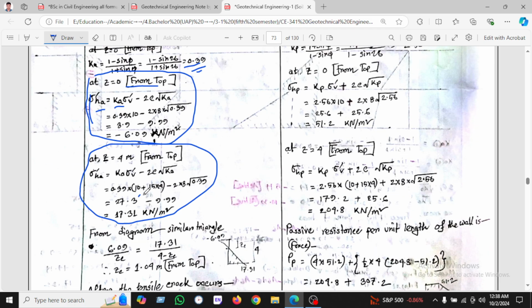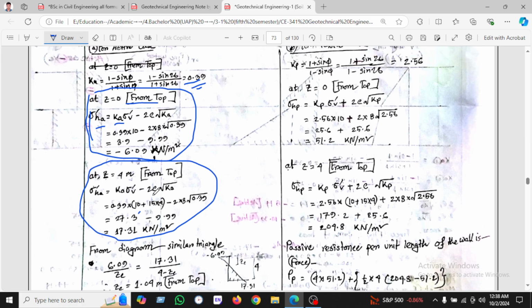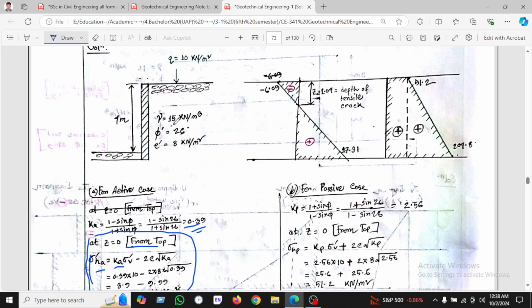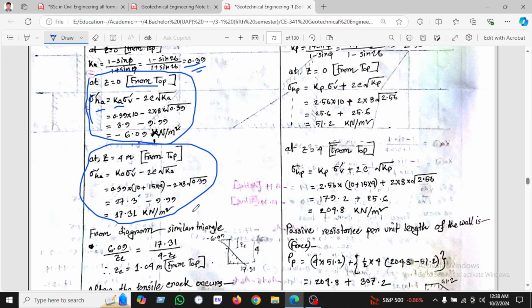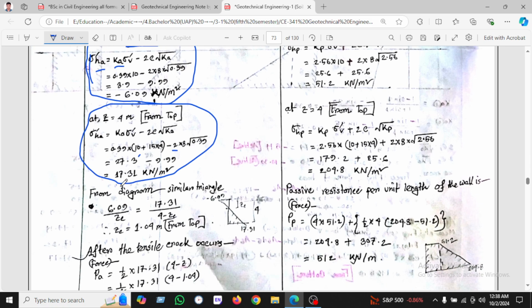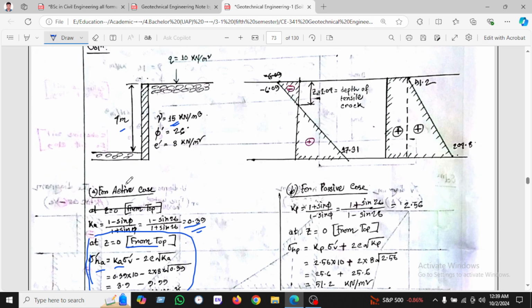And then we will add the value 15 into 4. Here 15 is the soil unit weight, and 4 is the height of the particular layer of soil. And then subtracting the crack value, we know that 2c root over K, which is 9.9999, almost 10, and ultimately we have found the result, 70.31 kilonewton per meter square.